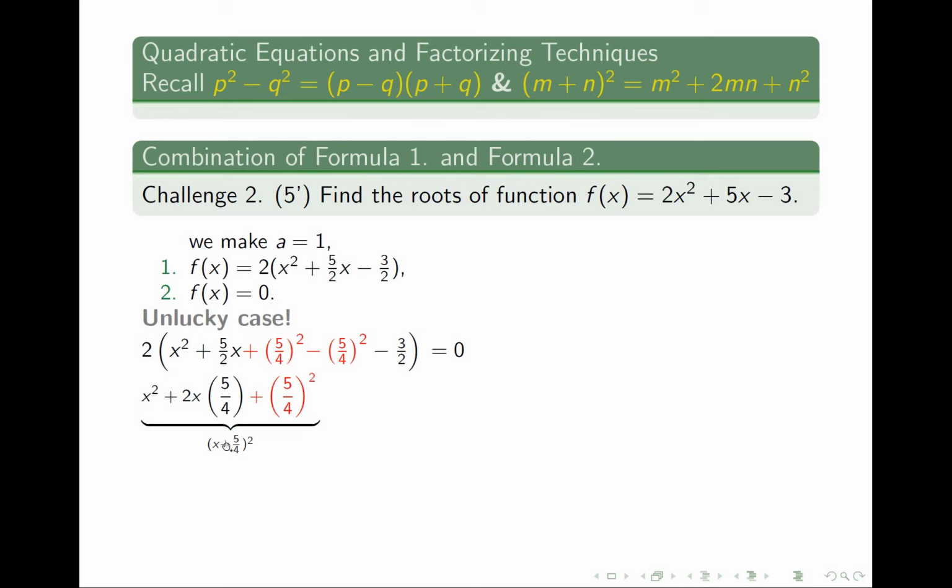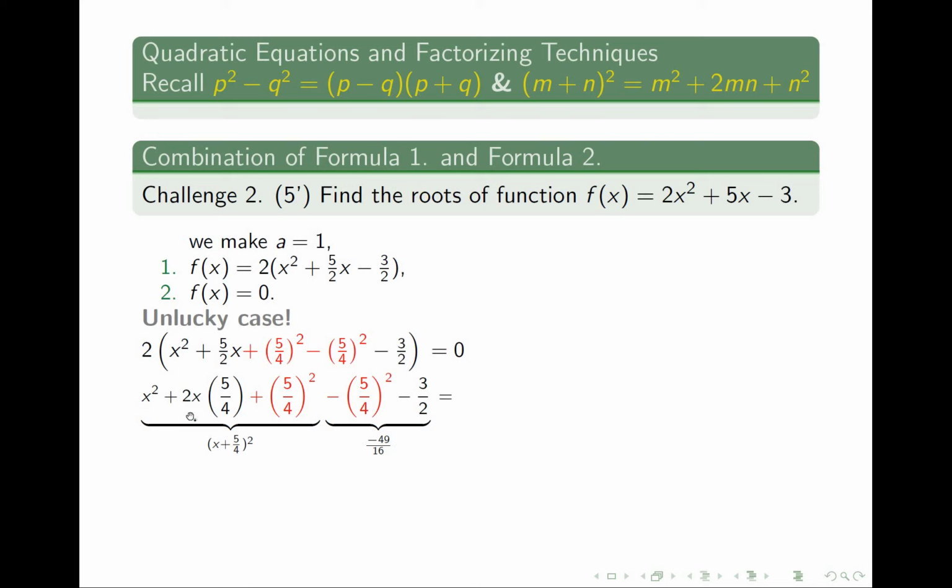So we can write this one as (x plus 5 divided by 4) squared, and then we rewrite these two, minus (5 divided by 4) squared minus 3 divided by 2, which is 25 divided by 16 minus, if we want to make a common denominator, we multiply this one by 8, then 8 times 3 is 24, so minus 24 minus 25 is minus 49 divided by 16.